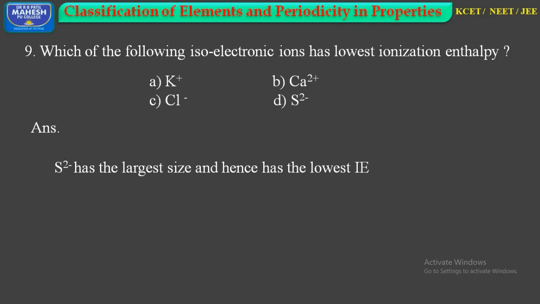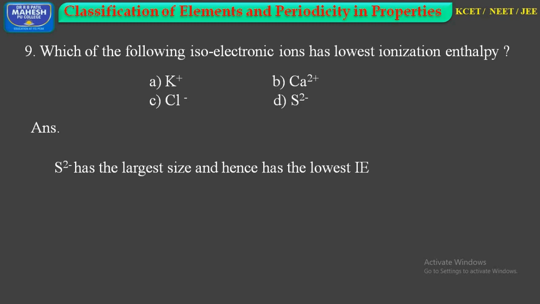because the given ions are isoelectronic ions, that is they are having same number of electrons but different number of protons. In case of sulfide anion, the number of electrons is 16 plus 2, that is 18 electrons, whereas number of protons is equal to 16.